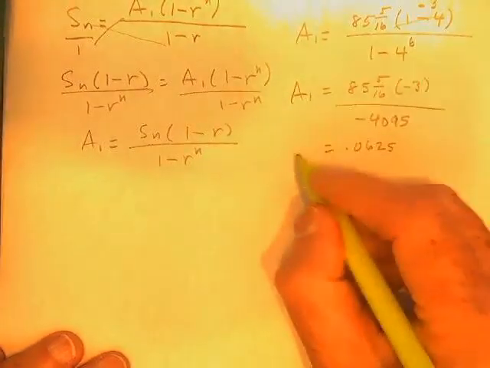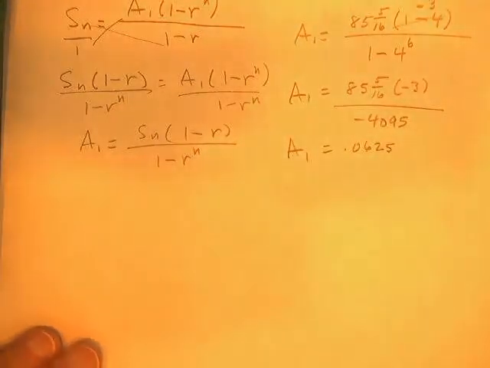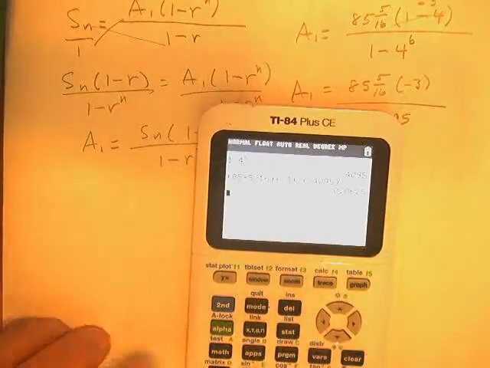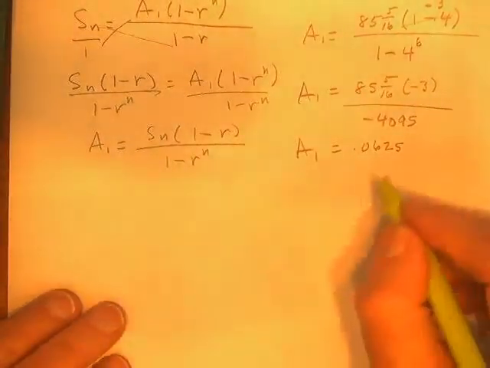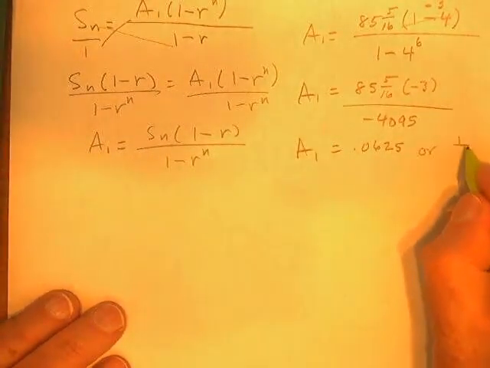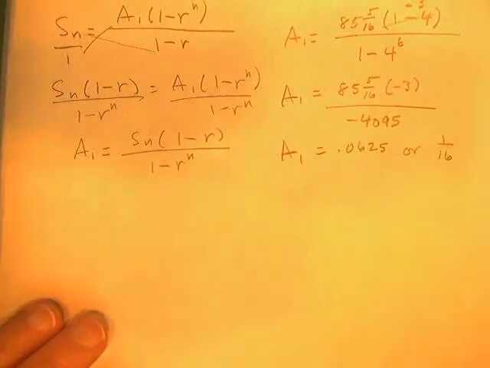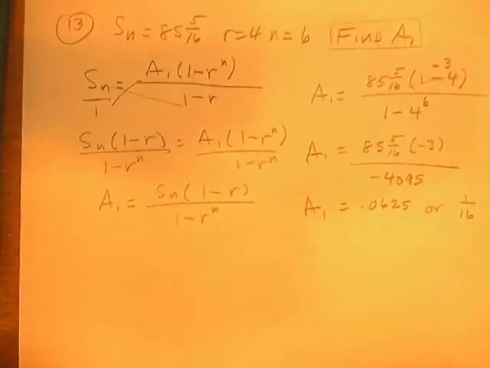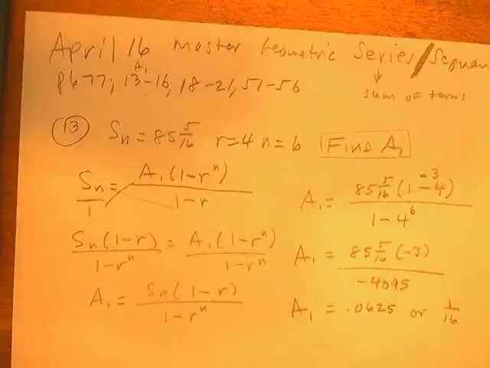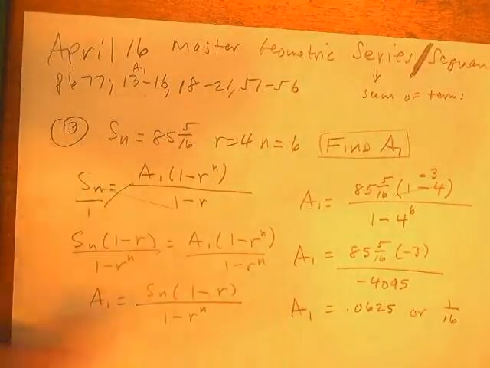There's your A1. Now, if you did fractions on this whole thing, I think that's a 16th. It is. We would also accept a 16th on that one if you had it. Okay? So there's 13 through 16.